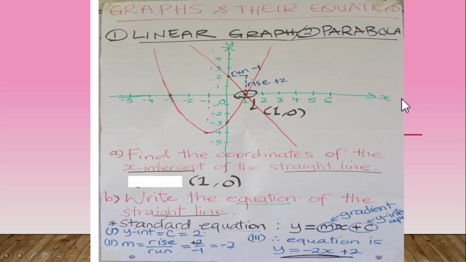If we go from left to right and the graph decreases down like this, the gradient will be negative. If the graph increases as we go from left to right, then it will be positive.